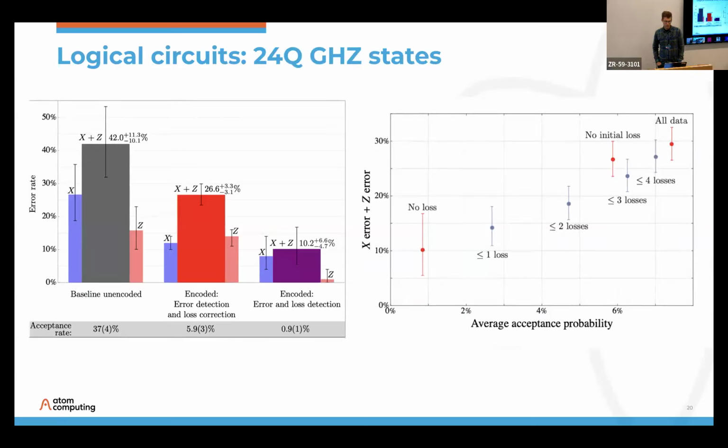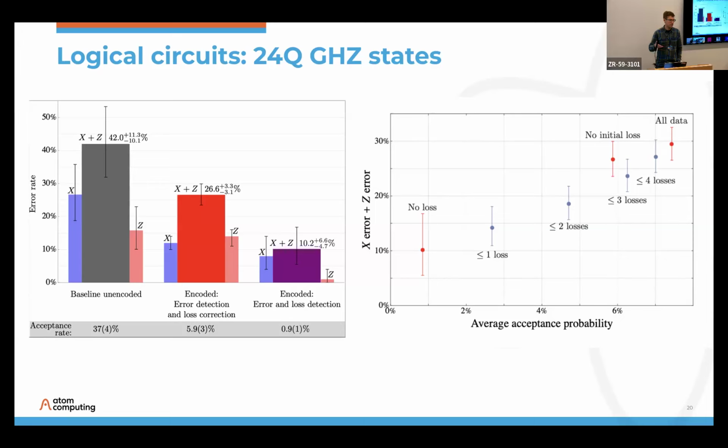basically, if you ask yourself what is a test that would allow you to say there is genuine multipartite entanglement between all your qubits? In order to be consistent with that statement, the sum of the errors where you measure all the qubits in the X basis with the errors in the Z basis together would have to be less than 50%.